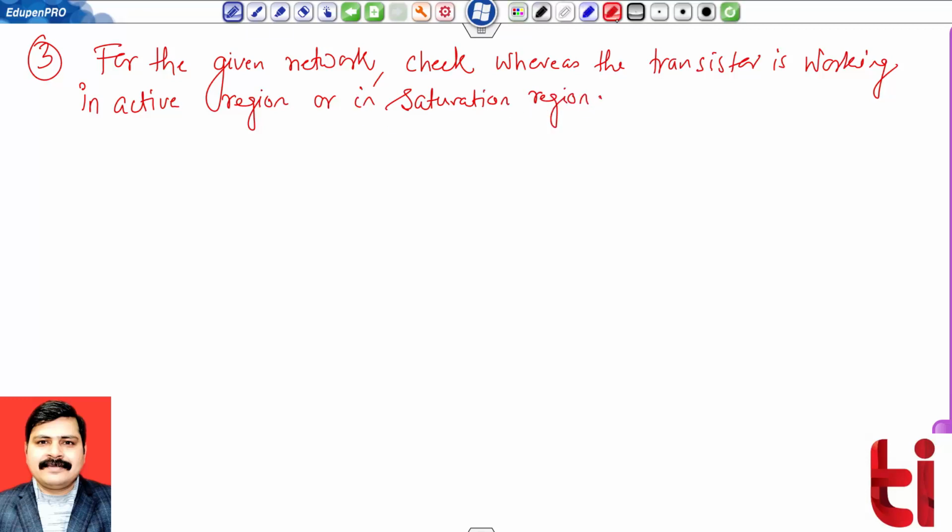So this is a very interesting problem. For this numerical, we have to check whether my transistor is working in active region or in saturation region.